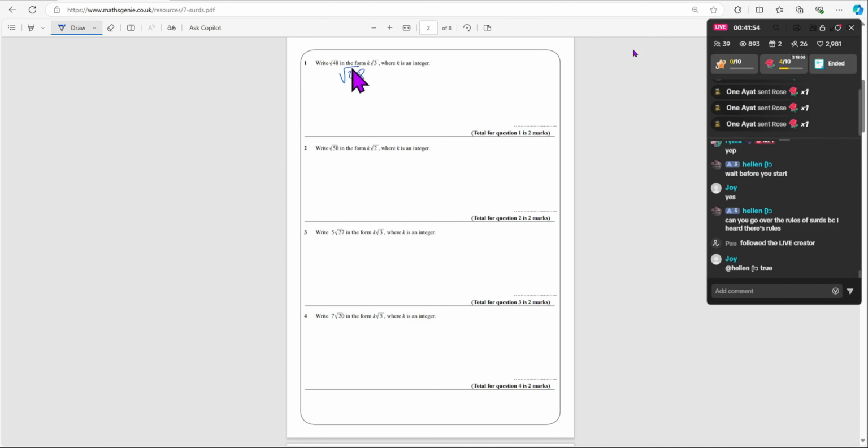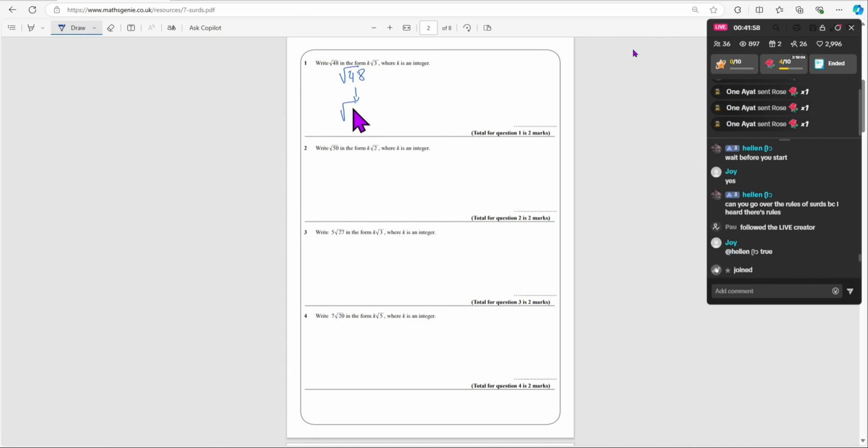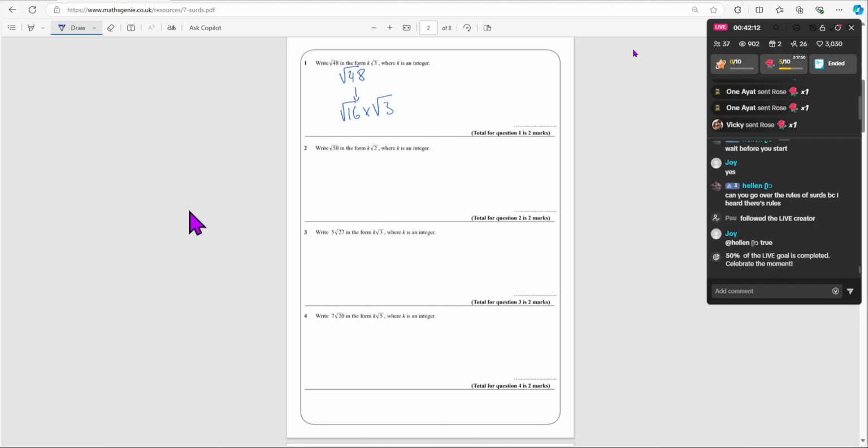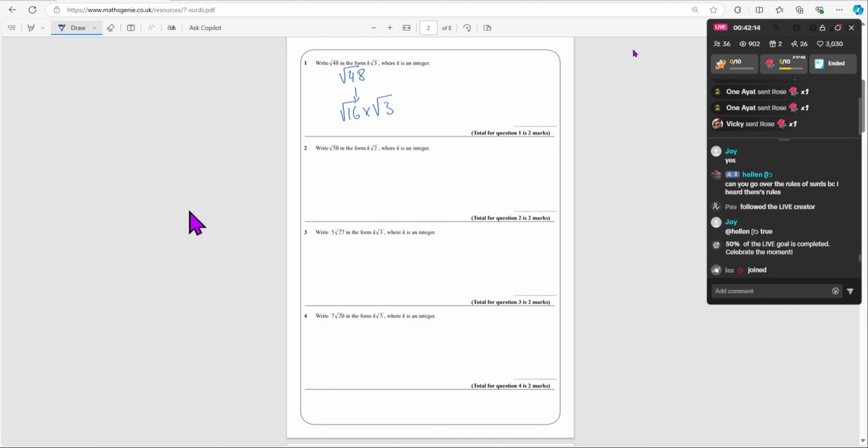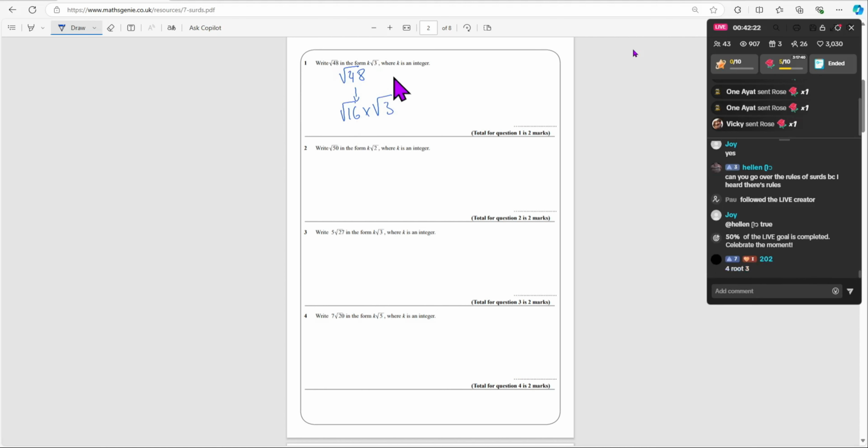We can write the square root of 48 as the square root of 16 times the square root of 3. Whenever we're simplifying surds, there is always a factor of that specific number which is a square number. Literally always. As you can see, we have a factor which is 16 and a 3.